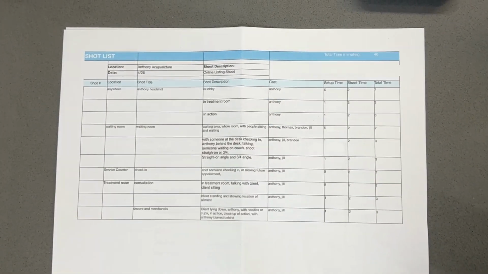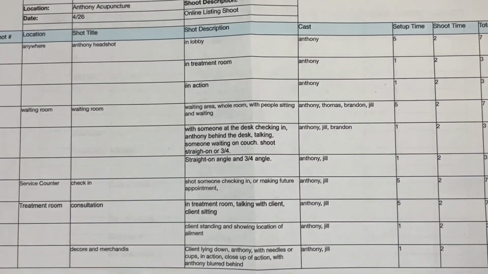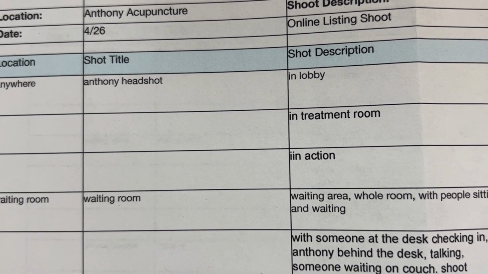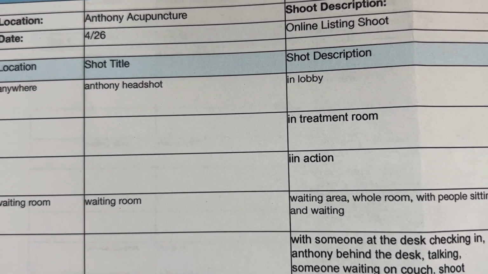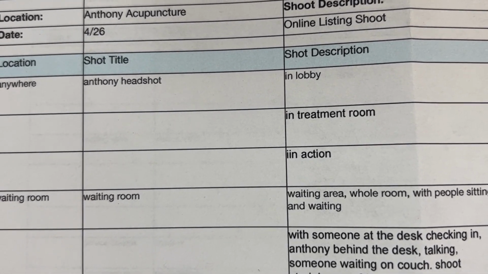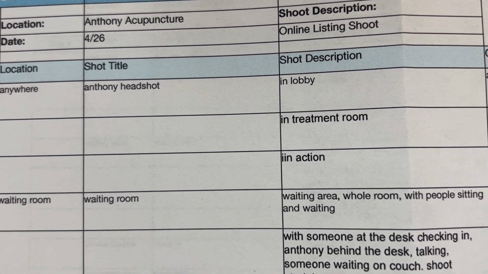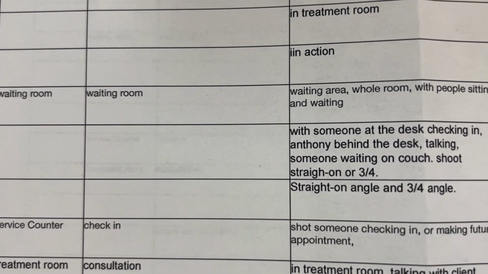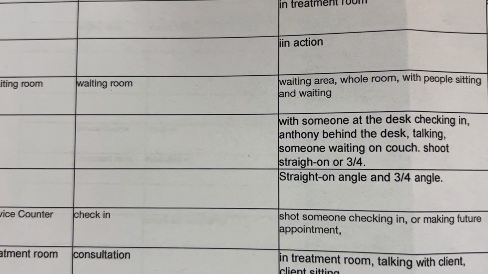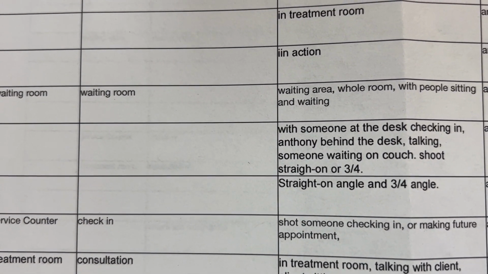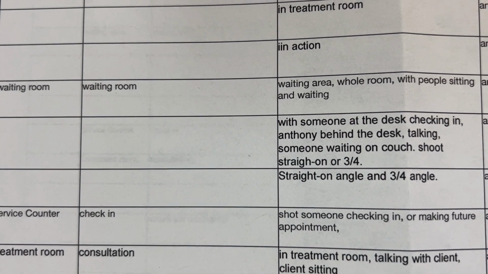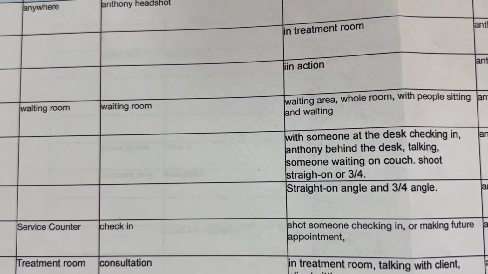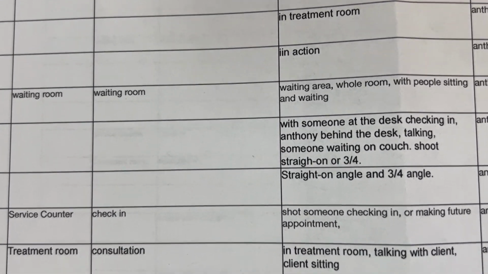All right, so here's a little shot list that I made up for Anthony, and it's very basic. It starts with headshots, and I wanted to do 3 scenarios. We can do it in this lobby area, in the treatment room, and also more of a lifestyle portrait headshot where he's actually doing something to a client. In the waiting room, which is the room we're currently in, I just want to show the waiting room. I want to show Anthony behind the desk working with a client, both straight on and 3/4.